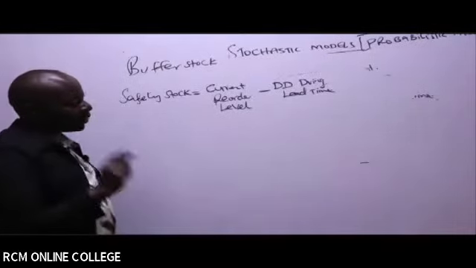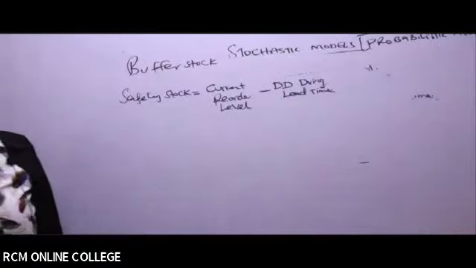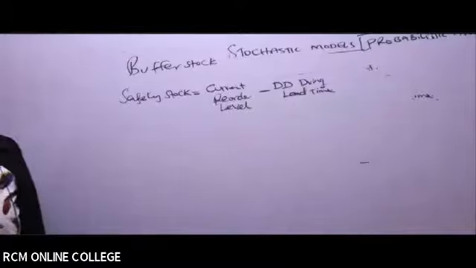What is the demand during lead time? Actually, that definition has an issue. Allow me to repeat, and then you can delete. We need to change something there. It is a minimum additional inventory held above the demand during lead time. I repeat, it is a minimum additional inventory held above.